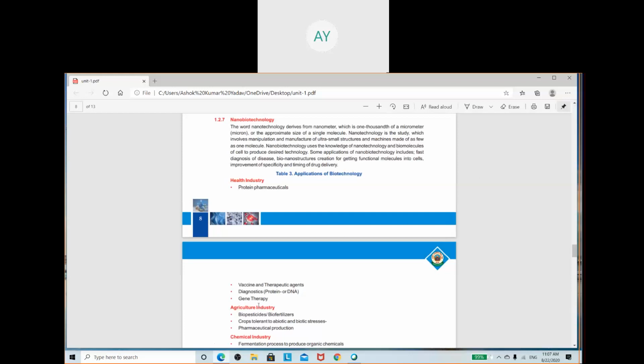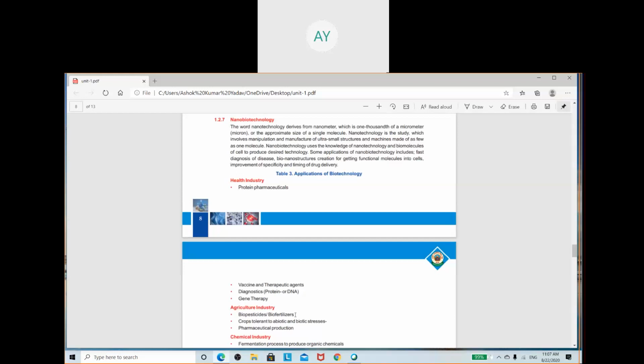Next, in the agricultural industry, I have discussed biofertilizers, like biofertilizer produced by Pseudomonas bacteria. The bacteria responsible for nitrogen fixation are blue green algae, that is cyanobacteria, and Rhizobium bacteria. Then what is your role as a biotechnologist?